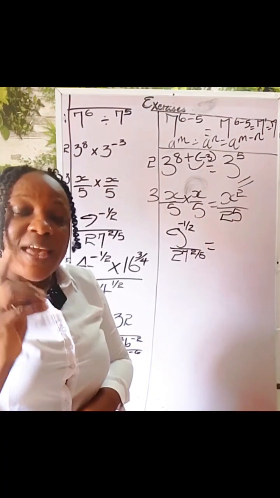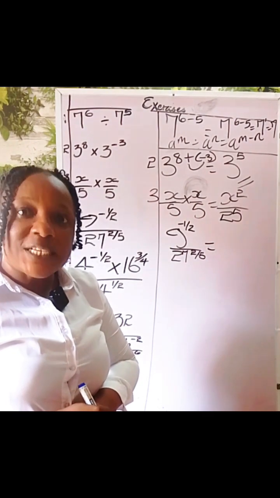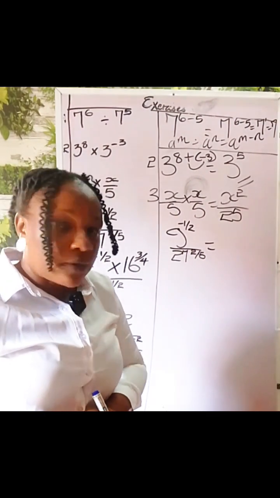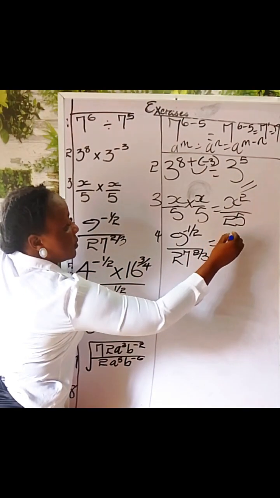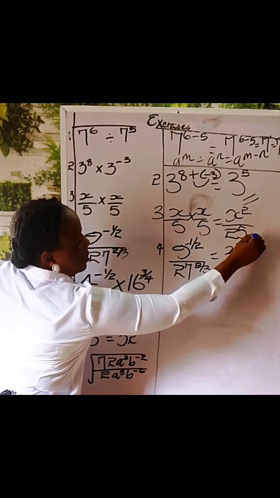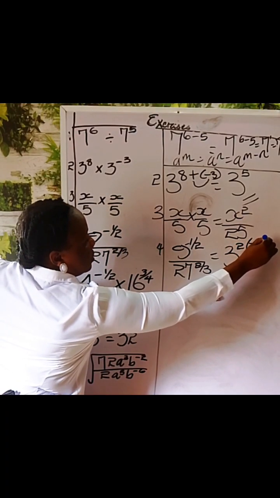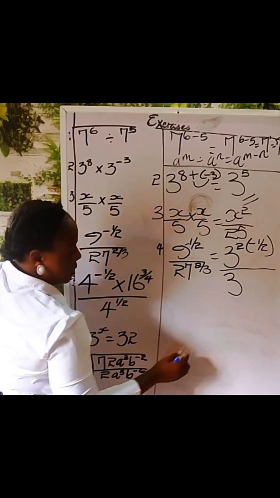If you see a bigger base that can be expressed in an index form, please express it before you solve. Listen now, we can simplify it to mean 3 raised to power 2, then 1 over 2, all over 3 raised to power.